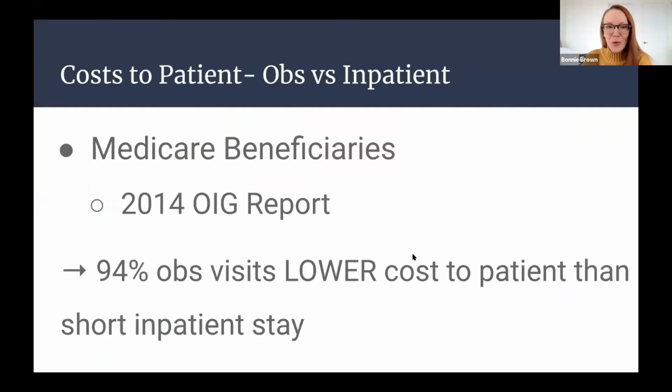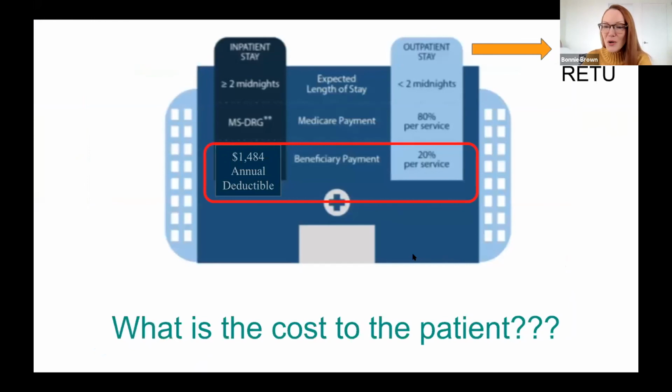Yes. So what this comes down to is what you do for the patient while they're in the observation unit. So if a patient comes in with chest pain and they get a cardiac cath and a stent placed, that's a pretty expensive procedure. And the reason I pulled this slide back up is because that patient is getting billed for 20% of everything you do for them while they're in the observation unit.